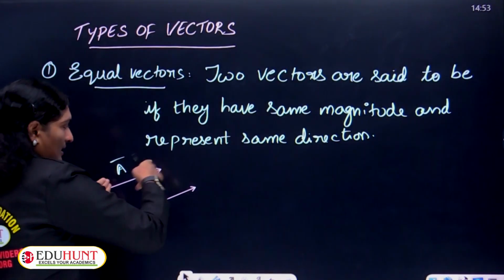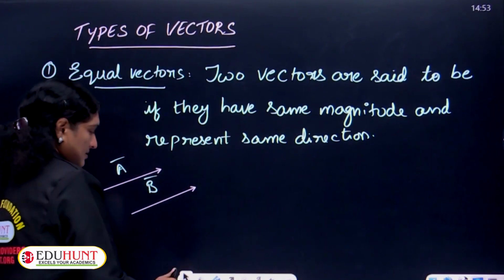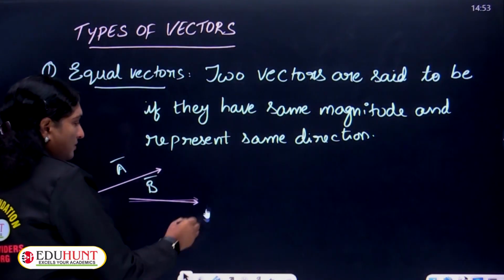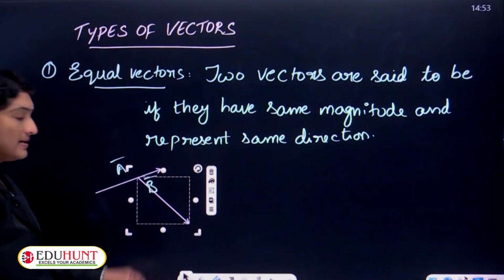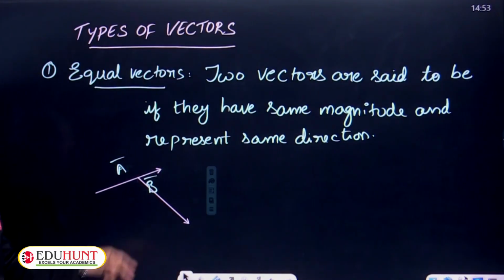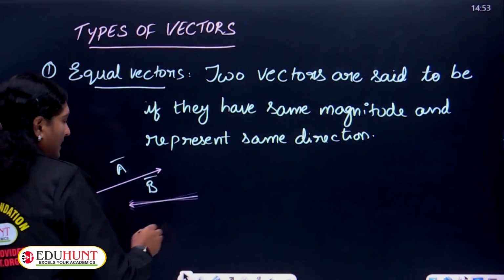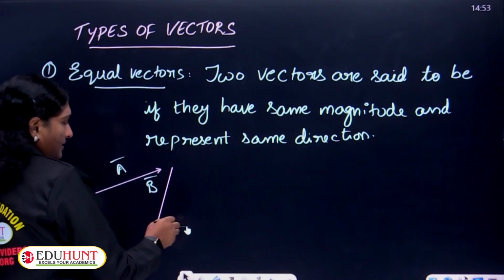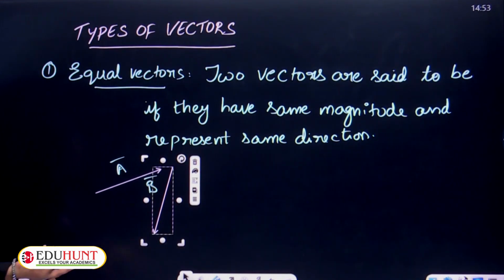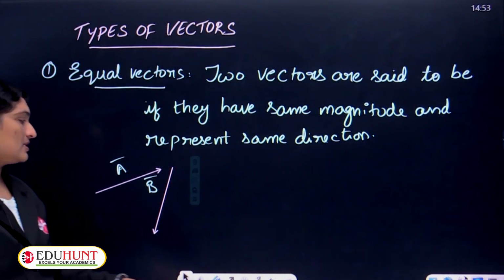But the same vector, if you take it like this, its direction is changing. At this time you can't say that the vectors are equal. If they represent any other direction, then we can't say that two vectors are equal because the direction is changing.